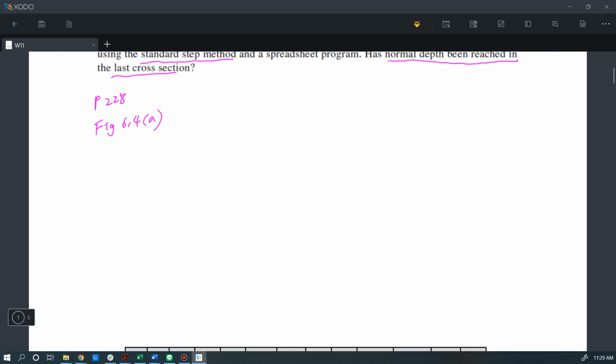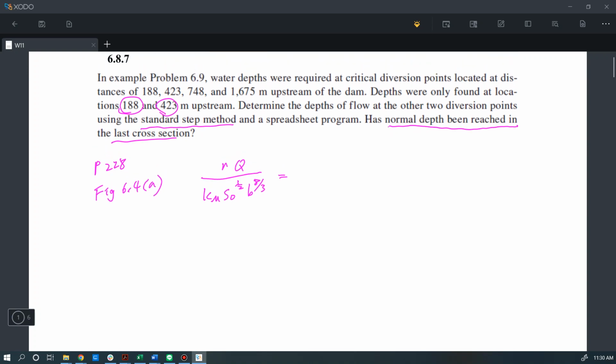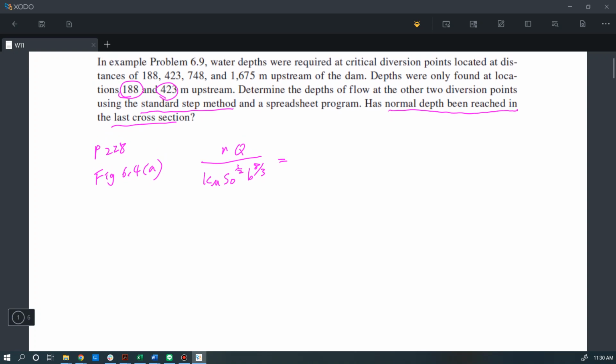Okay, so here we will use the graphical method to solve the normal depth, which is figure 6.4a in the textbook. First we need to calculate this term. I'm just going to write this equation down for you, and we fill in the numbers given by this example.